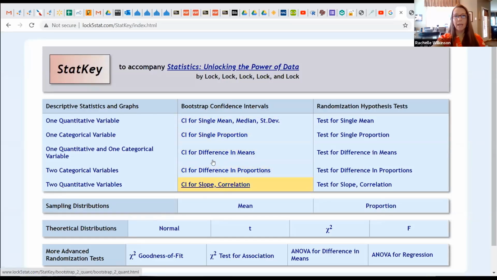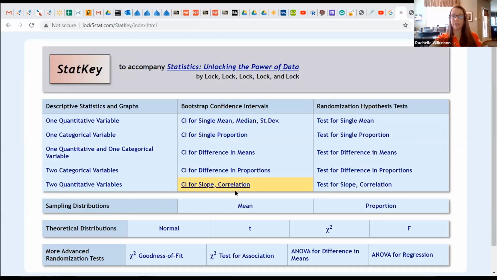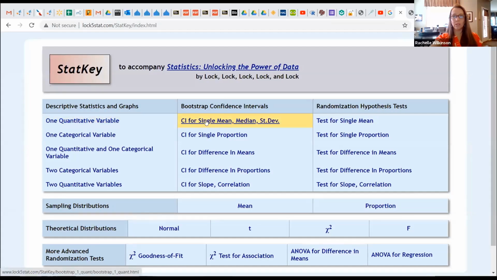If you can figure out what you measured and what type of variables you have, then you can figure out what type of confidence interval you want to use. The way this is set up is that everything goes together on the same row. So if I have one quantitative variable, I'm doing a confidence interval for a single mean or median or standard deviation. In our class, we're really just going to do means.